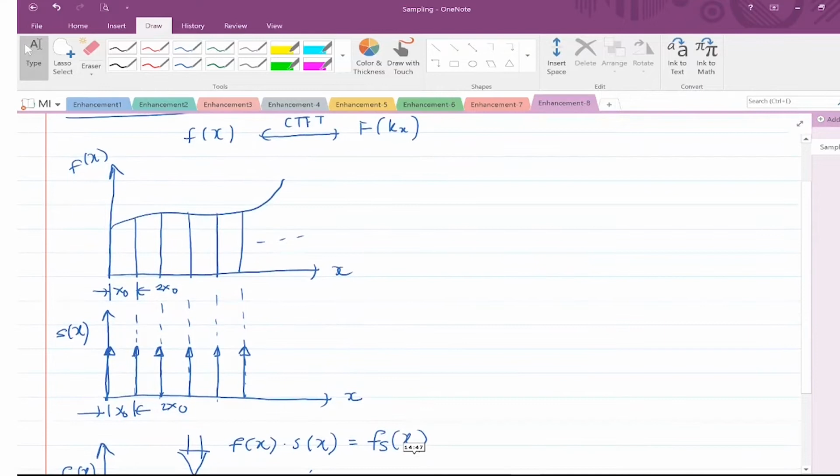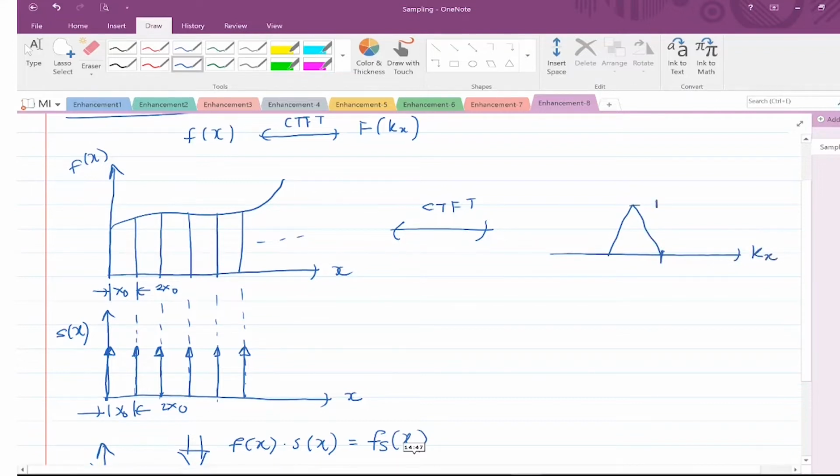Now let's make some more assumptions here. Assume that the function I have is a band limited signal, and I'm computing the continuous time Fourier transform of it. That would be, let's say, of this shape. This is your kx value.